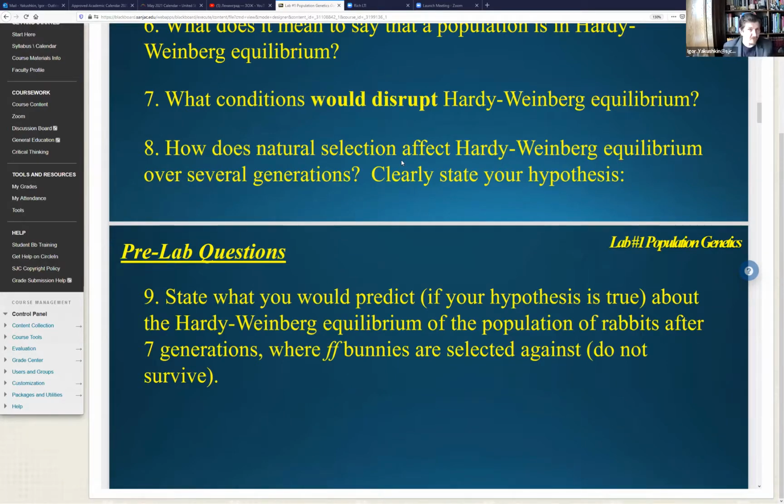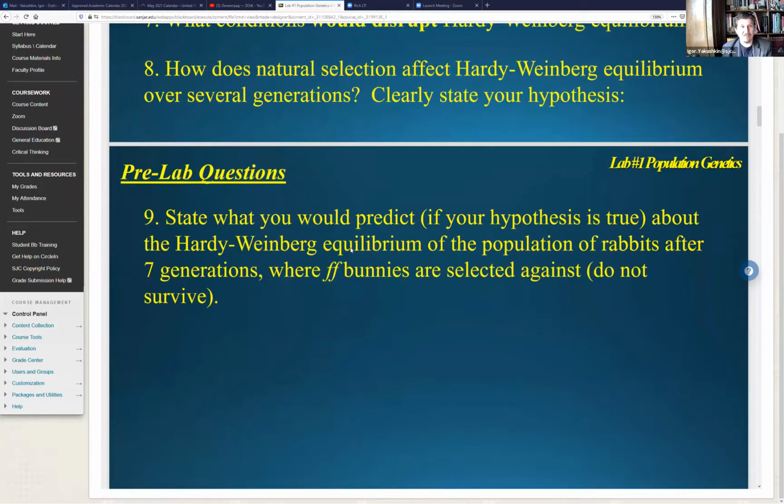A hypothesis can be wrong. That's part of the science. Now, let's stay with: if natural selection happens, then the equilibrium is disturbed. However, if you don't want to go with the flow, that's fine with me as well. In science, you have a little bit of leeway right there. So now, question number 9.